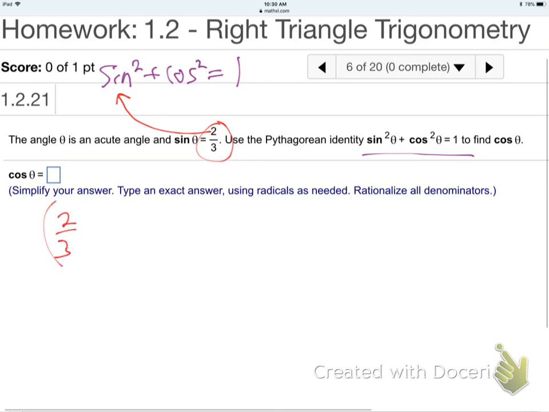So that'll become 2/3 squared plus cosine squared is 1. I just plugged in sine is 2/3, and I want to solve for cosine. Let's begin by squaring that 2/3. That'll be 4/9.